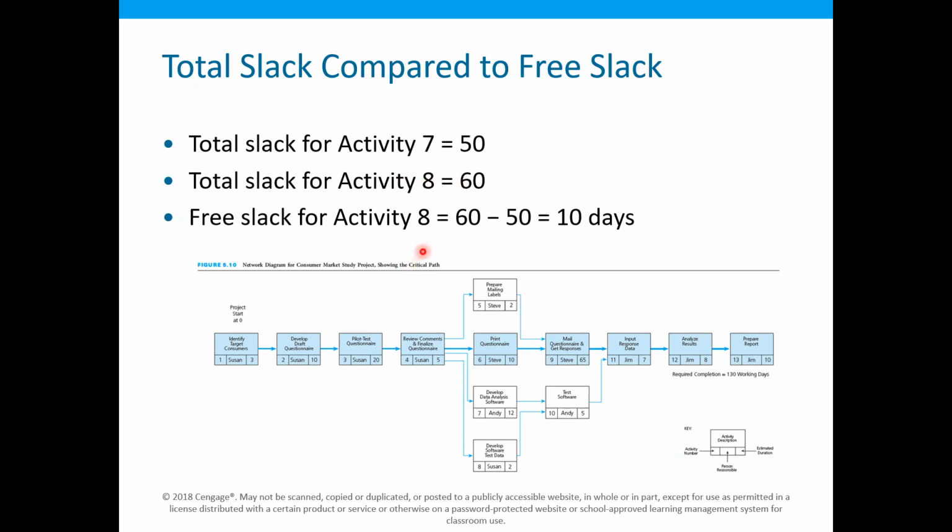The free slack of activity 8, which we calculated over here, was 10 days. It is basically the earliest start time of the succeeding activity minus the earliest finish time of the preceding activity.